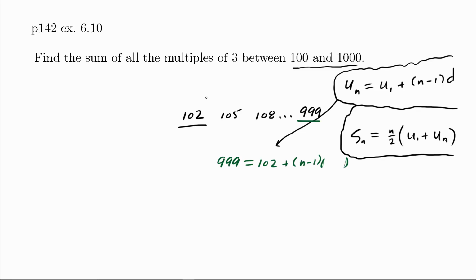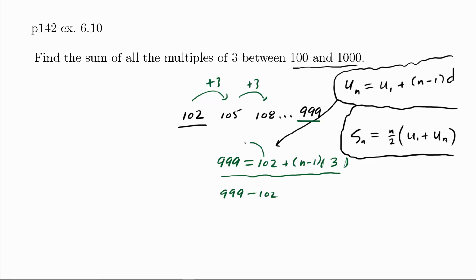Now we know what d is. We're going up by 3. So here, d, the difference, is positive 3. Just write down 3 there. This is exciting because what we have now is an equation with only one unknown. Let's work it out. We have 999 minus 102.